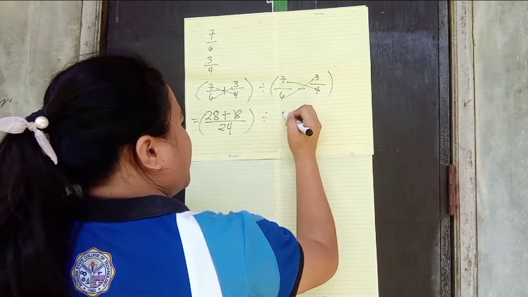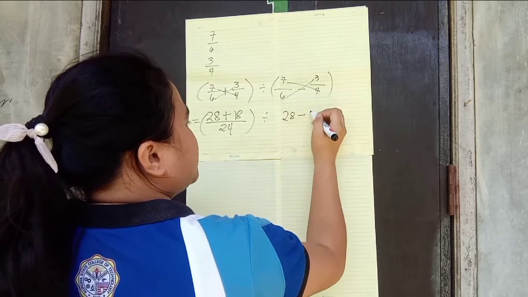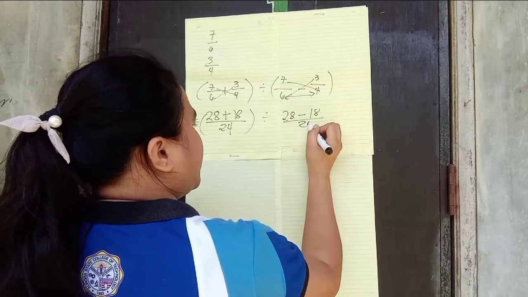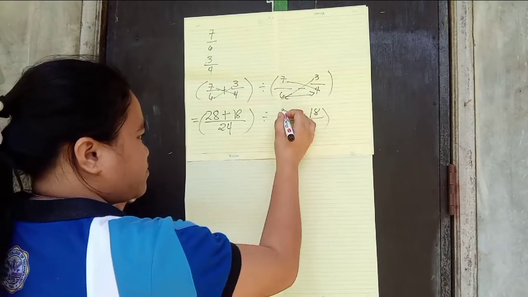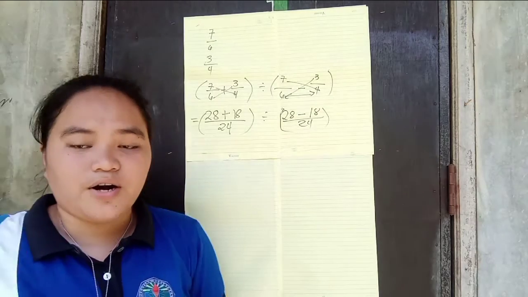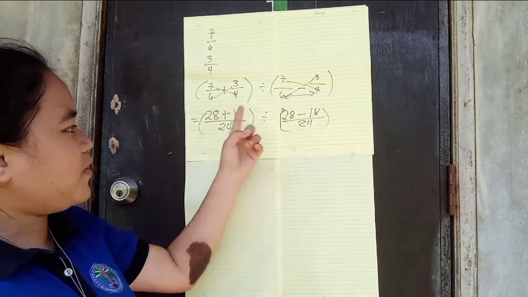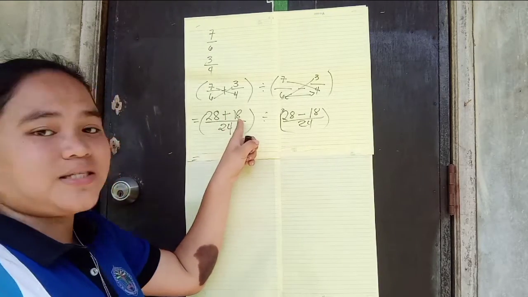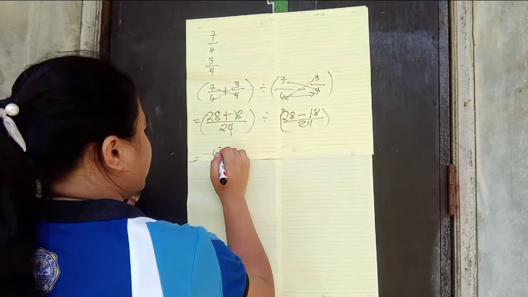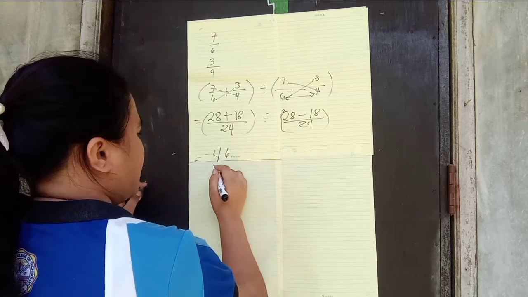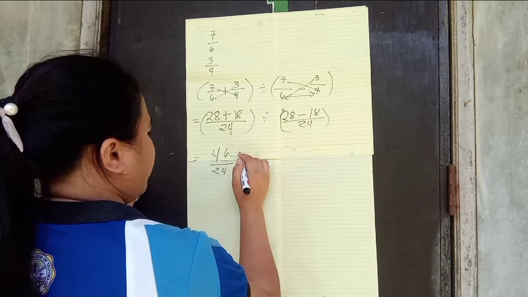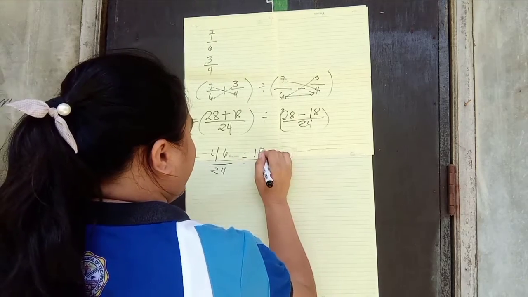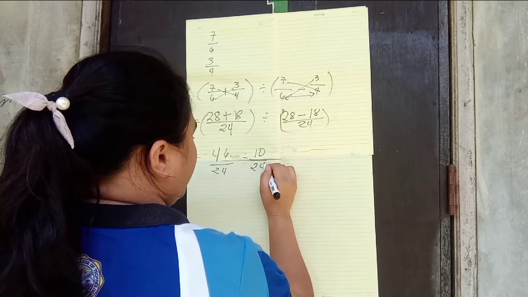So, 7 times 4 equals 28 minus 6 times 3 equals 18 over. Ito po, pag multiply natin, 6 times 4 equals 24. Now, ang gagawin natin dito is same process. Ang gagawin po natin is 28 plus 18 equals 46 over 24 divide 28 minus 18 equals 10 over 24.